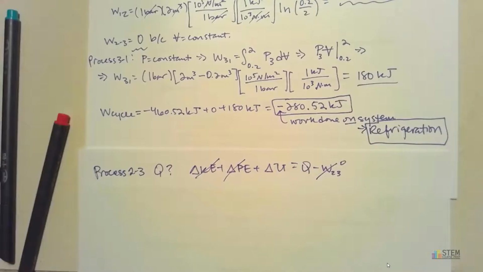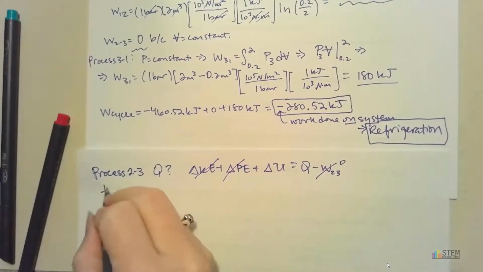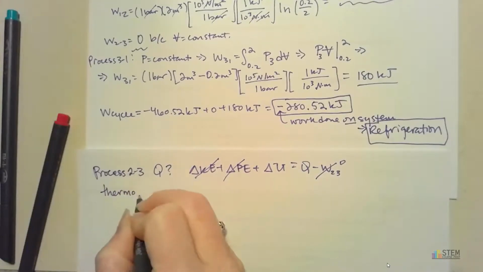So now we've got this simple looking equation. We know delta U is equal to Q. Now, another thing we need to pay attention to is it told us that this was a thermodynamic cycle. If it is a thermodynamic cycle, what does that tell us about the change in total energy?